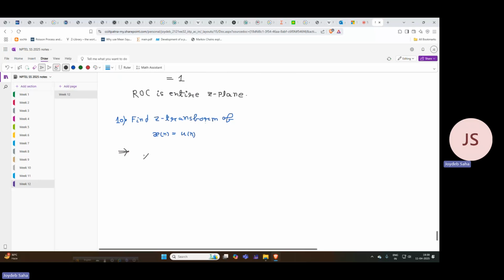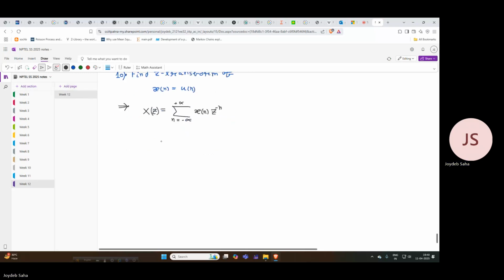So X of z will be the sum over n equal to minus infinity to plus infinity of x of n z to the power minus n, is equal to, we can write, the sum over n equal to 0 to infinity of u of n z to the power minus n.